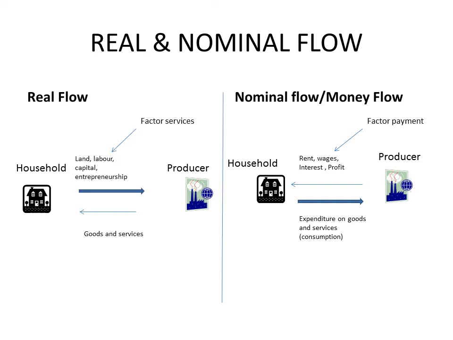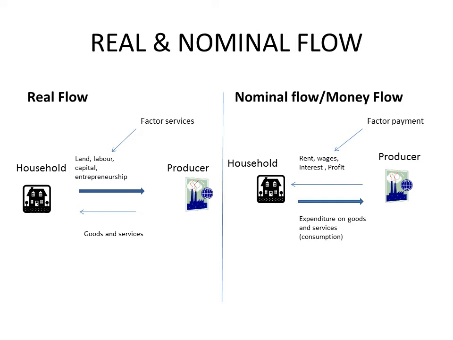So this factor payment is factor income for the household. Now the household sector will buy goods and services from the producer sector with this factor income, and this spending is called expenditure on goods and services, or we can call it consumption expenditure.